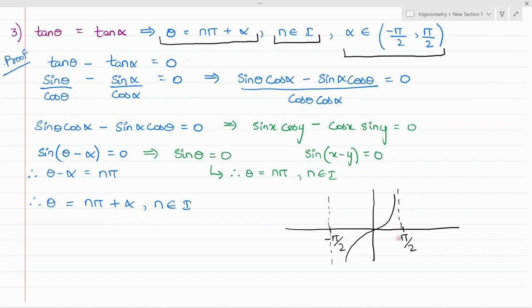So that's the reason here it is open. Matlab, it is not included because tan pi by 2 is undefined, not defined. So that's the reason these values are not included in this.